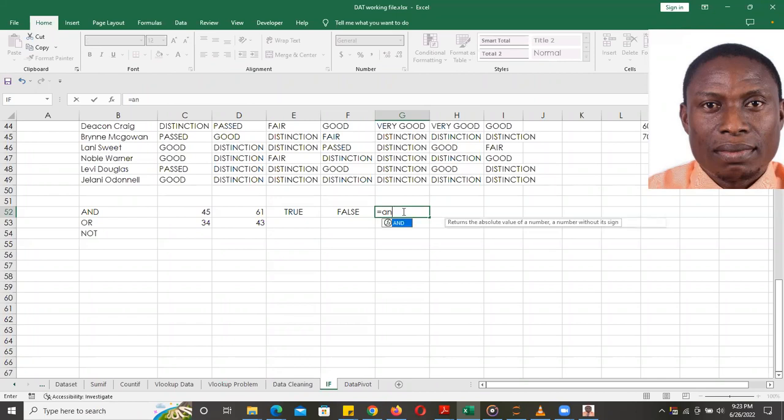So if you say AND, this, comma, this, it is going to be false. 0 represents false, 1 represents true. So 0 multiplied by 1 will be 0. So the only time you will have your output in the AND function to be true is when the two conditions are true.